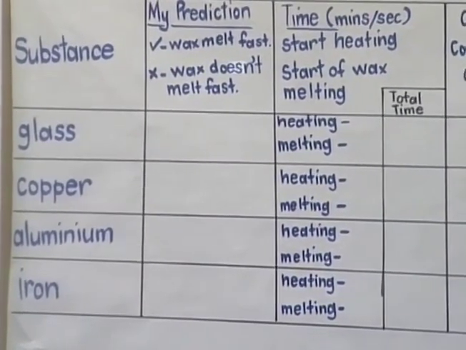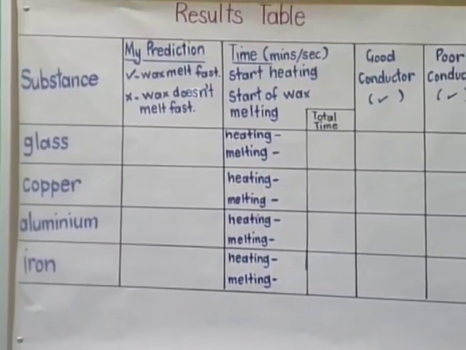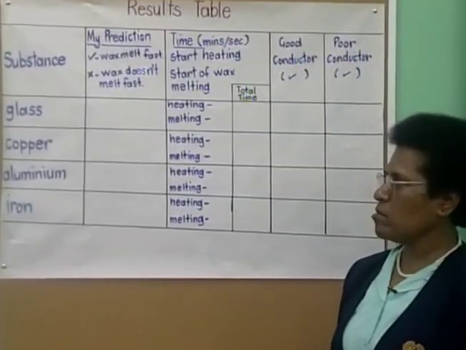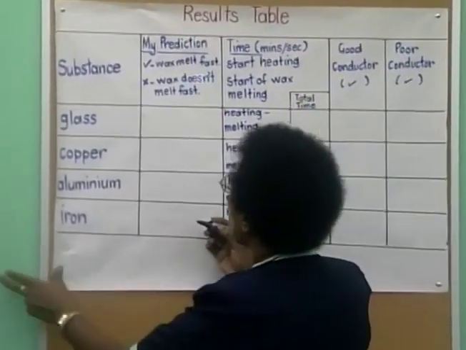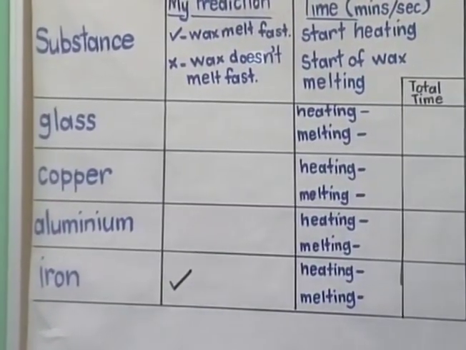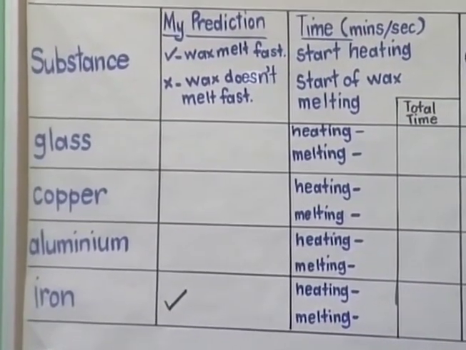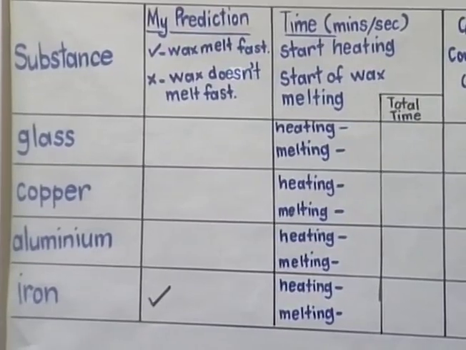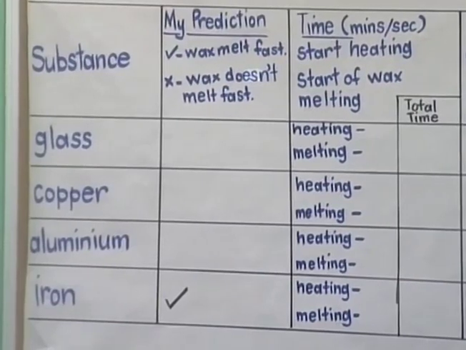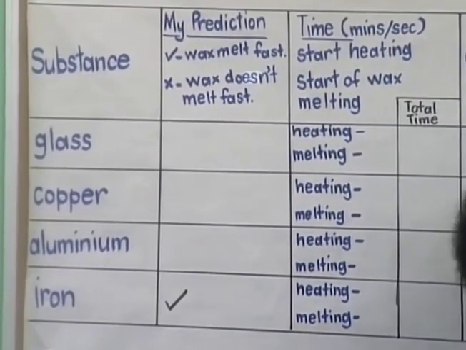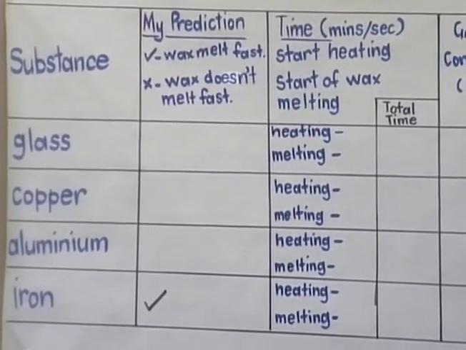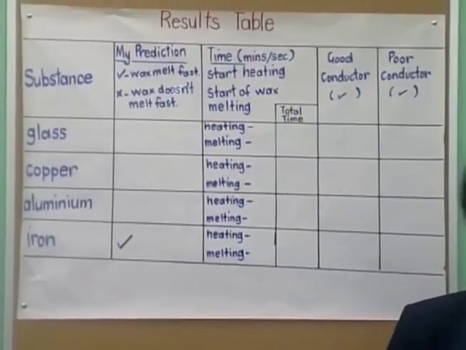So let's see. The first one, which one do you think will have its wax melt fast? Iron. Iron. Okay, which one will not have the wax melt fast, will be very slow? Michelle? Glass.